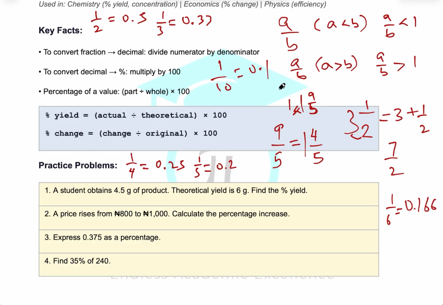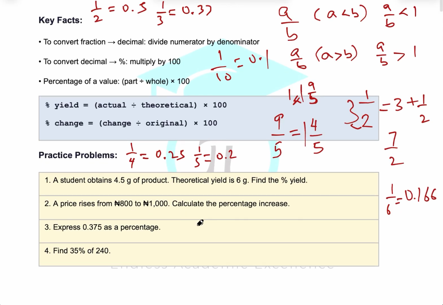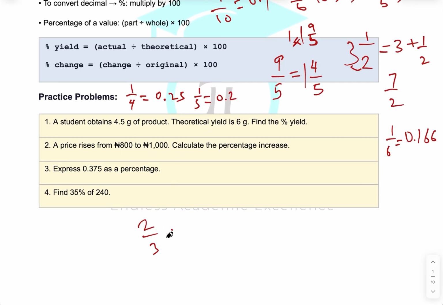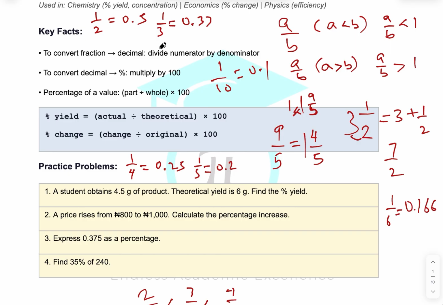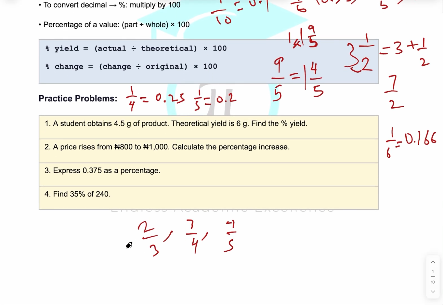And I've been giving you all of these different ones. You can get fractions like 2 over 3, 3 over 4, 4 over 5. How do you do that? Since you already know 1 over 3, then 2 over 3 is just 2 times 1 over 3. All you have to do is multiply the value of 1 over 3 that I already gave you by 2.